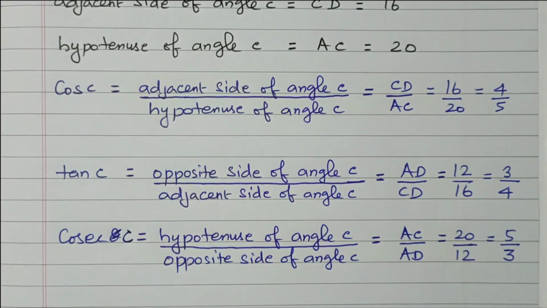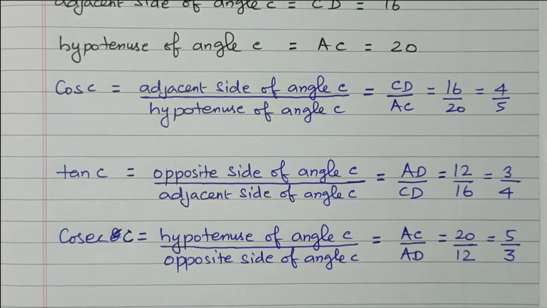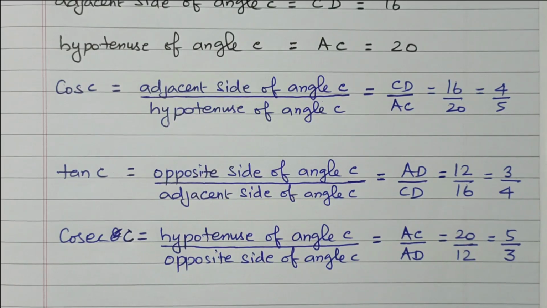So the missing values are calculated using the Pythagoras theorem. After that, we know all the values, opposite side, adjacent side and hypotenuse, for both triangle 1 and triangle 2. By using that, we calculated all six values. First three values refer to angle B, remaining three values refer to angle C.